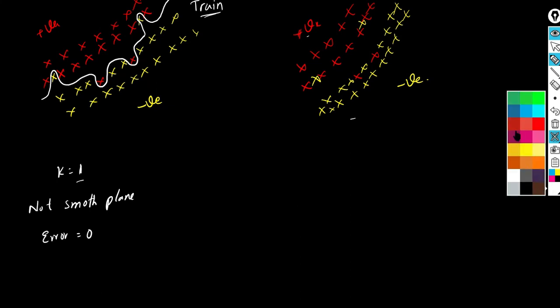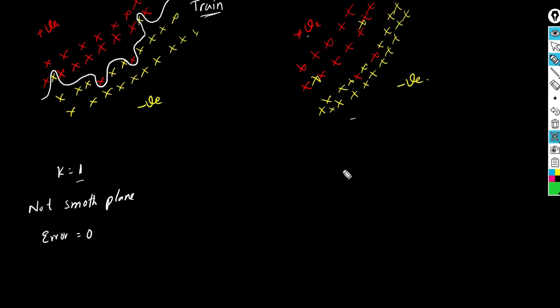Now let's see a higher value, K equal to 5. When K equals 5, we get a plane like this on the trained data. It is a smooth curve.